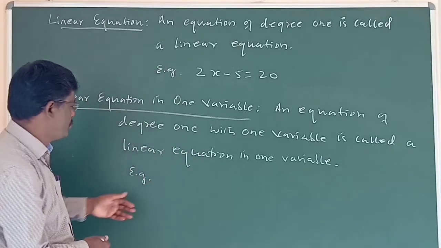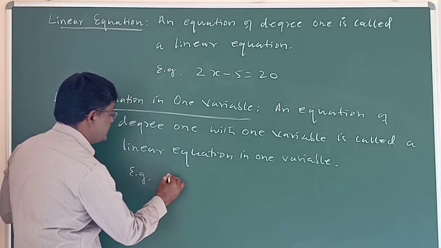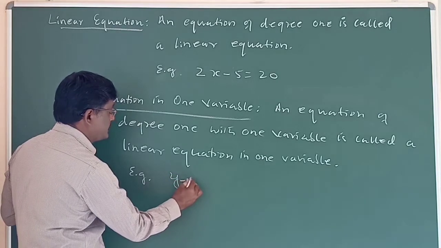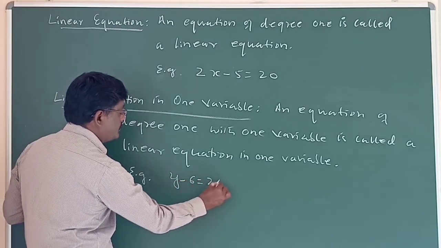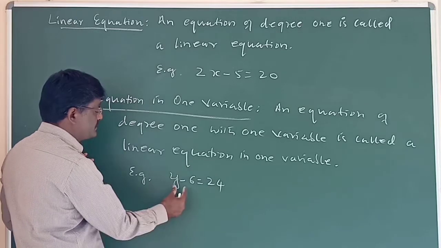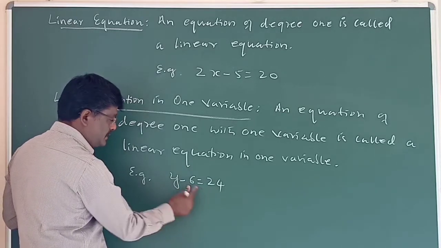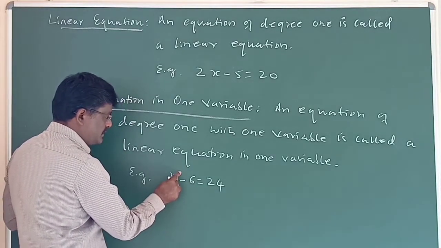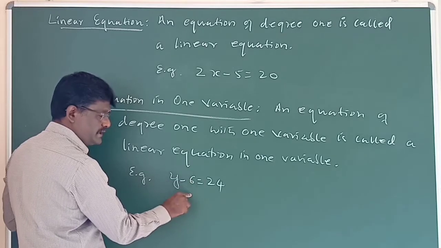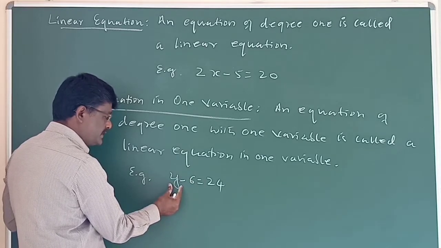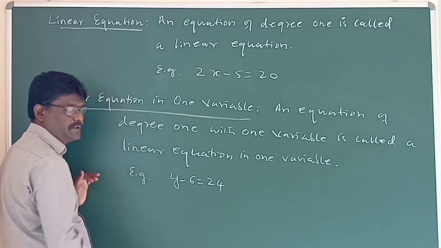For example, y minus 6 equal to 24. It is linear because the degree of the variable y is 1, and it is in one variable because the only variable is y. Okay children.